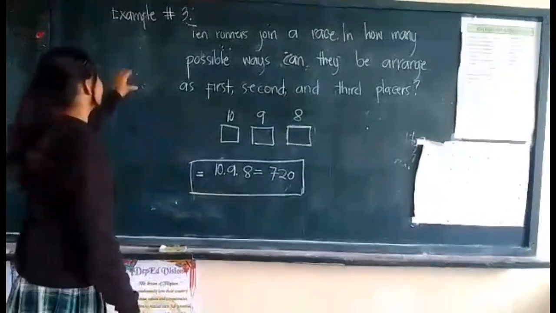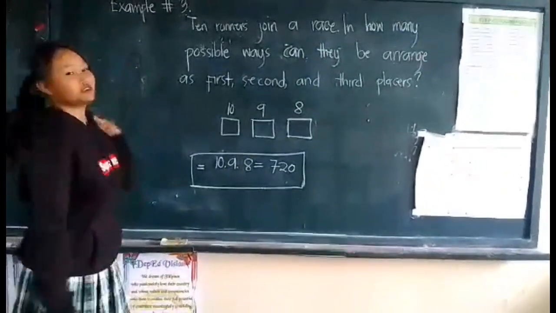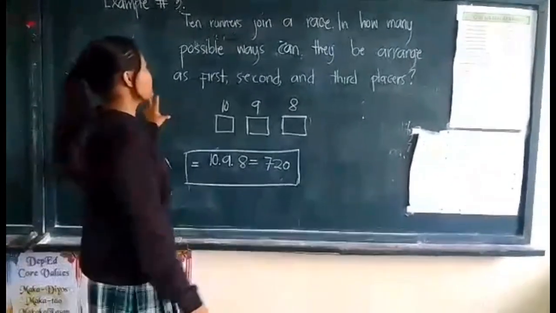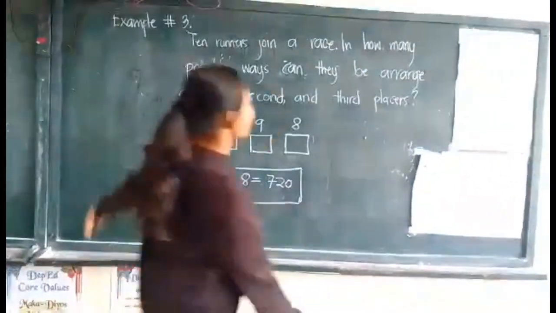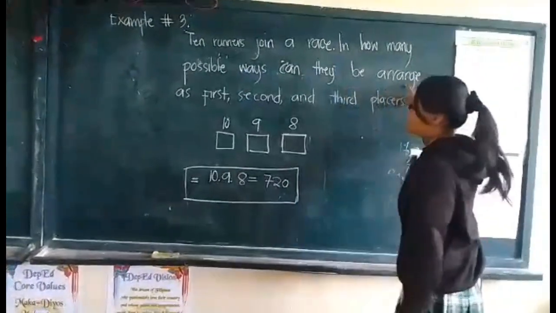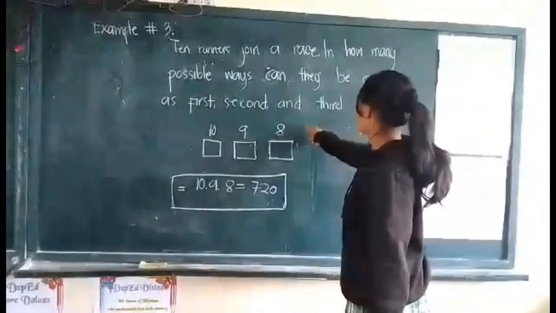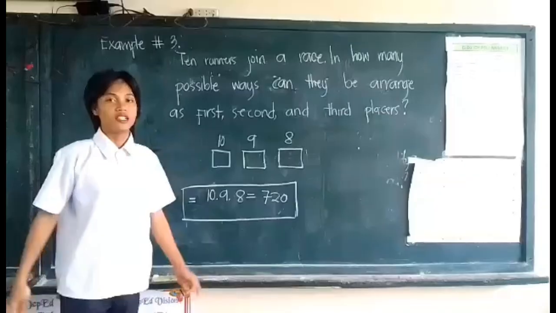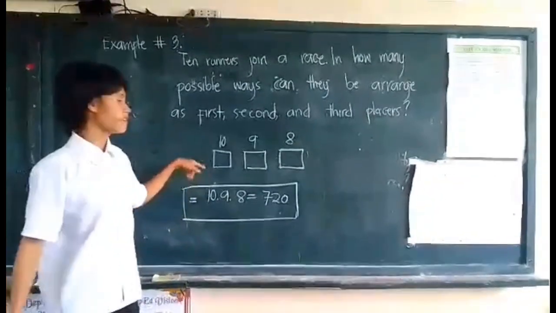This is example number 3. 10 runners join a race. In how many possible ways can they be arranged as first, second, and third places? Here is the formula.